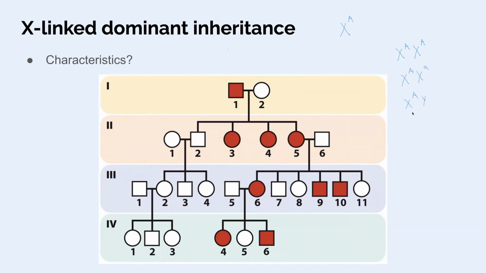So males would have only one copy of this, and then they also have a Y chromosome for their other chromosome. So here we have person 1, this is a male, and there's only one way to show the trait and be a male, so that's to have the X with the dominant big A.